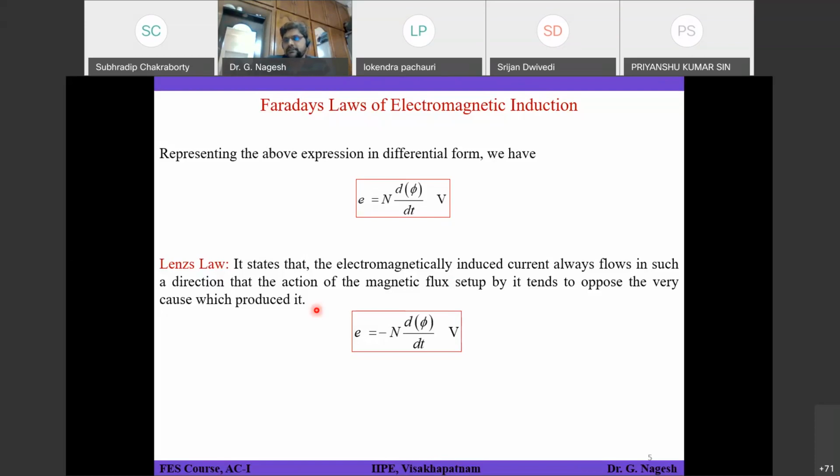Okay, that's what Lenz's law states. So this is what is physically happening. If you want to represent that mathematically, you have to place a minus sign. Since it is opposing, the EMF and the current produced by this EMF is trying to oppose the main flux.